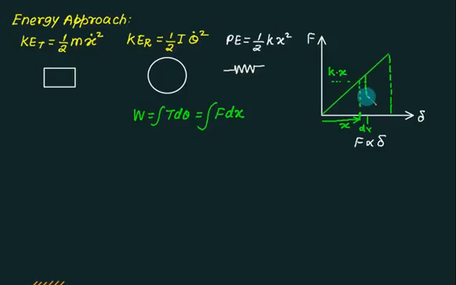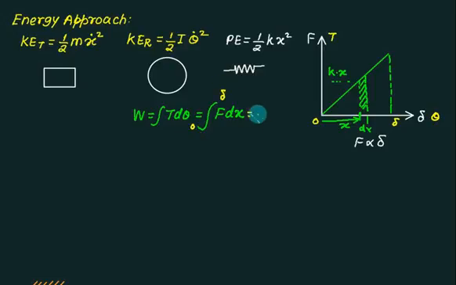So the area under the force versus displacement diagram represents work done, exactly similar to the torque versus theta diagram. The limits are 0 to delta.